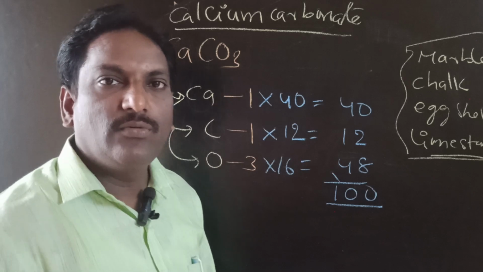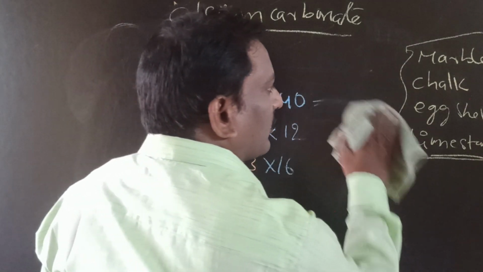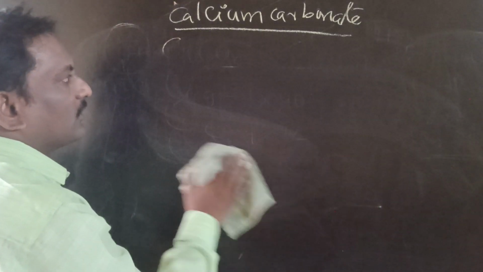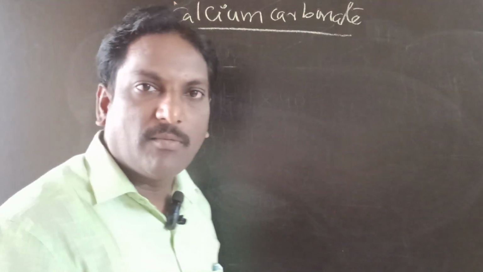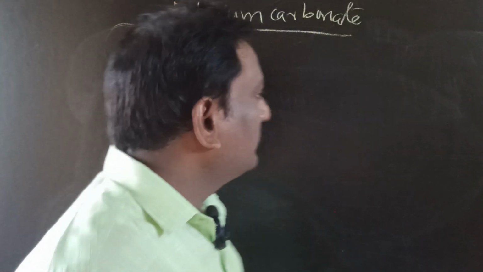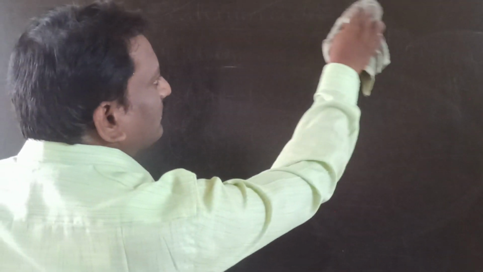Now I would like to give one question. Please comment the answer in the comment box. Please let me know the answer in the form of a comment. So write down the question.